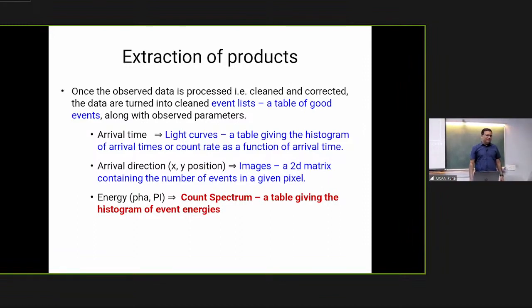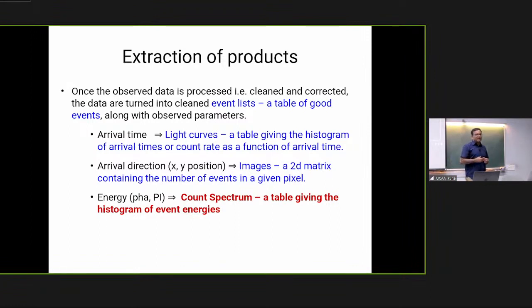Okay, all right. So I was discussing yesterday that X-ray observations essentially produce the so-called event list, and these event lists have several attributes. The most important attributes which are relevant for science are the arrival times of photons, and from the arrival times of photons, one can generate a light curve.